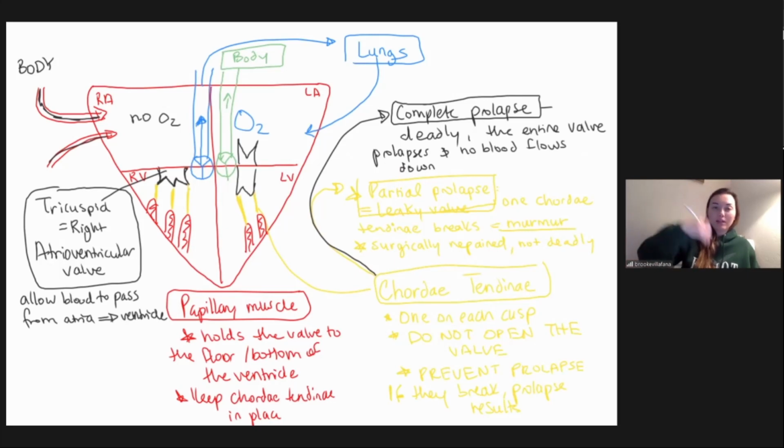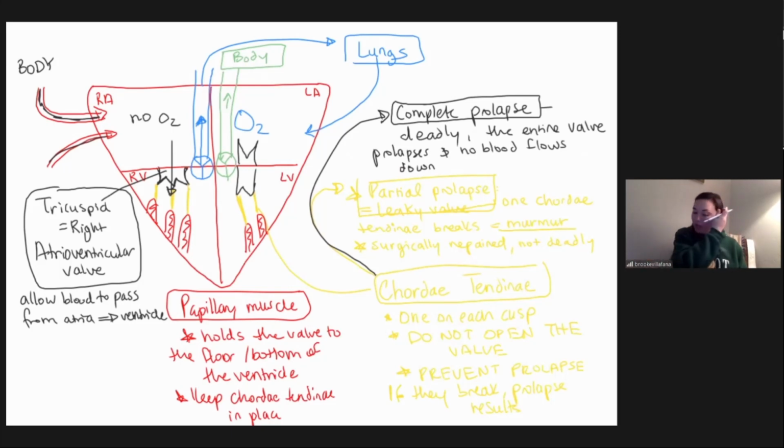No blood can move forward, no blood can come down. Instead, the blood is just sitting up here without ever going anywhere. And so you get death pretty immediately because you don't have any oxygen to your cells. Okay, so that's partial prolapse and complete prolapse.